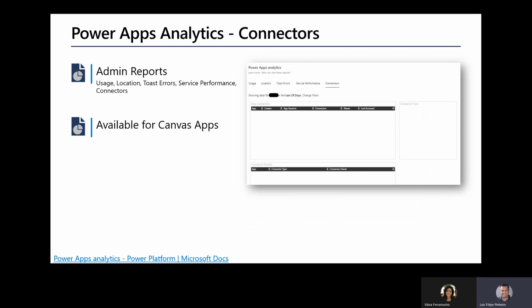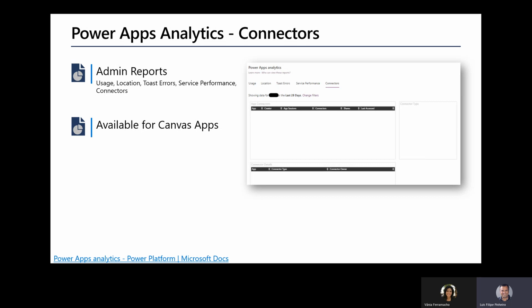And finally, we have the connectors report, which provides visibility into the standard and custom connectors being used by the Canvas apps. So here we are looking at the 28 days of data. This is the last days available there, the 28 days.